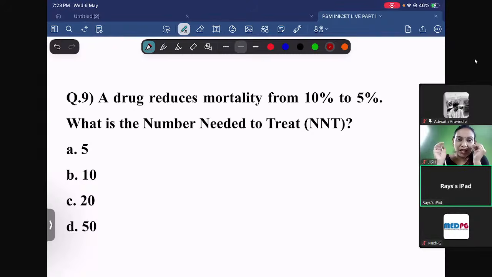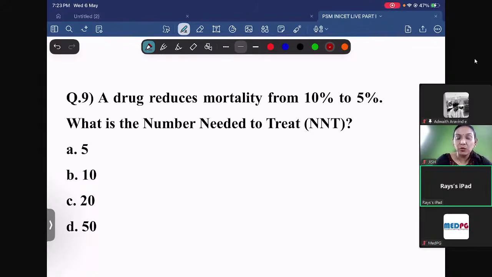My NNT is a number which says how many people I have to treat in order to prevent one death. So if my NNT is, say, 20, that means I need to treat 20 people in order to prevent one additional death. Do you want an NNT to be a higher number or a lesser number? Obviously, we want a lesser NNT, right?